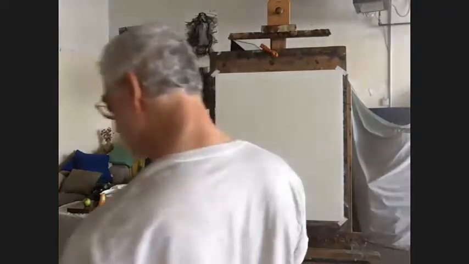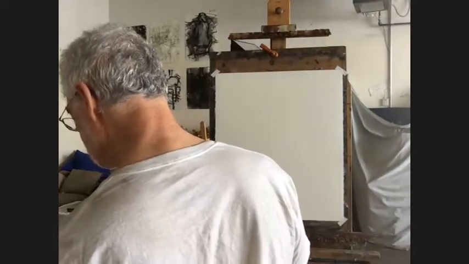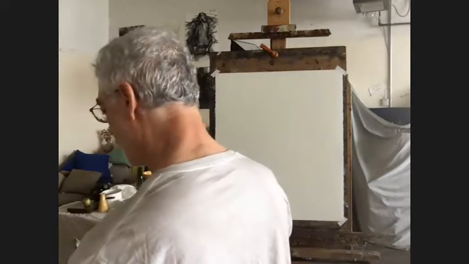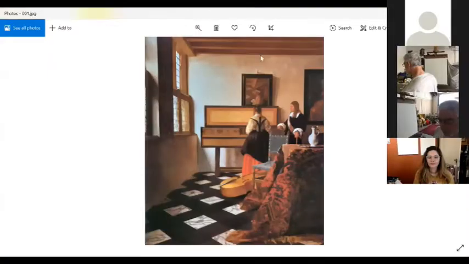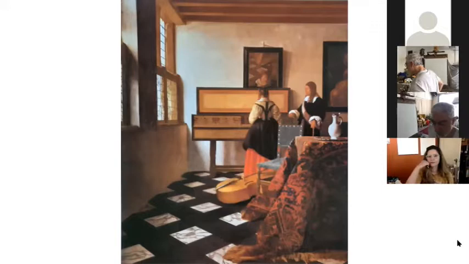Okay, so let's go. I'm going to do a screen share from the laptop, and we're going to start looking at some slides. Here, this is Vermeer, and he was setting things up in terms of linear geometry.